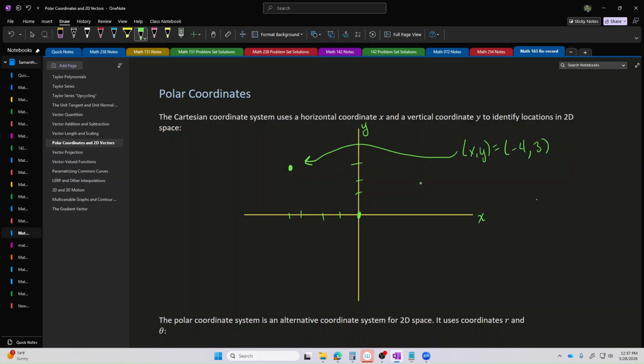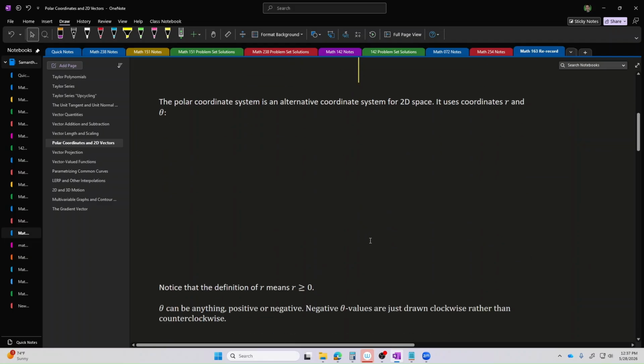Now, the polar coordinate system is an alternative way of describing locations in two-dimensional space. Instead of using the coordinates x and y to describe locations, it uses the coordinates called r and theta. To understand the meaning of r and theta, let's again go into the xy plane.